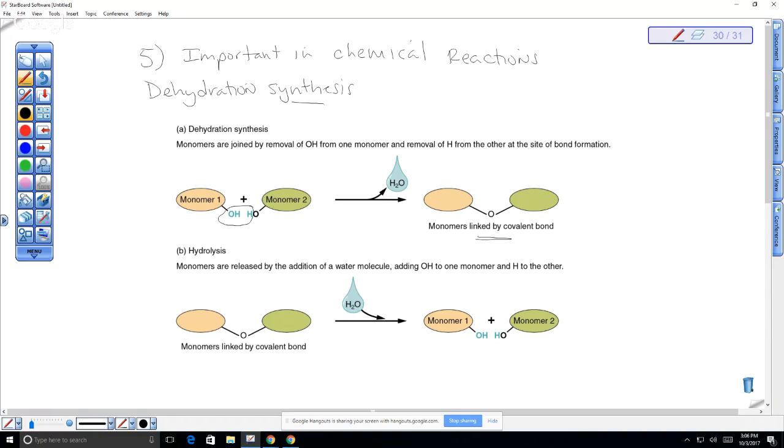Okay, so this is anabolic. Water is removed. Product is produced. So water is actually produced in this.